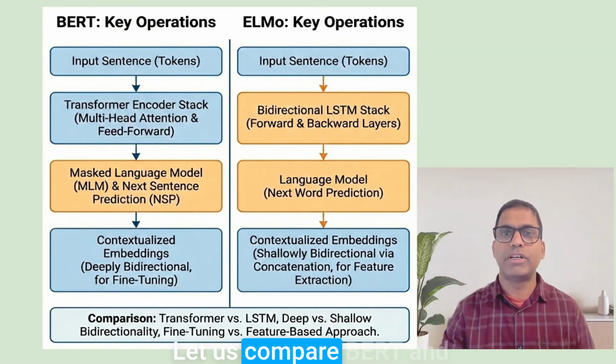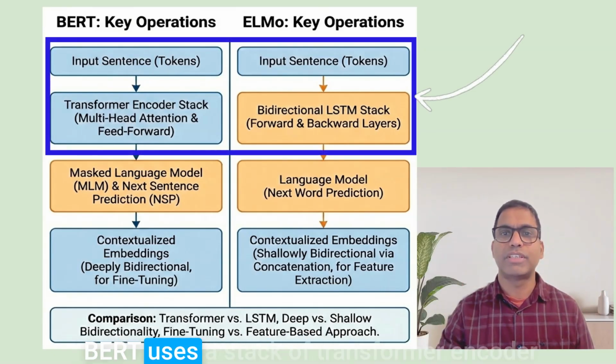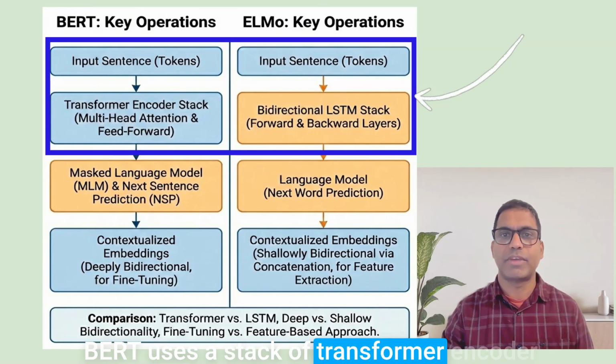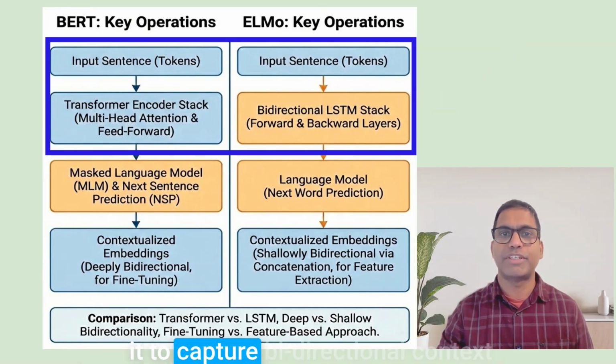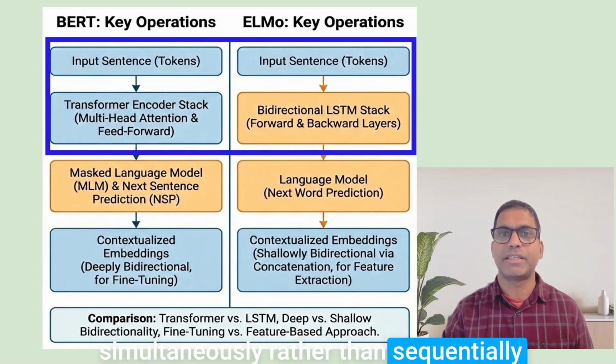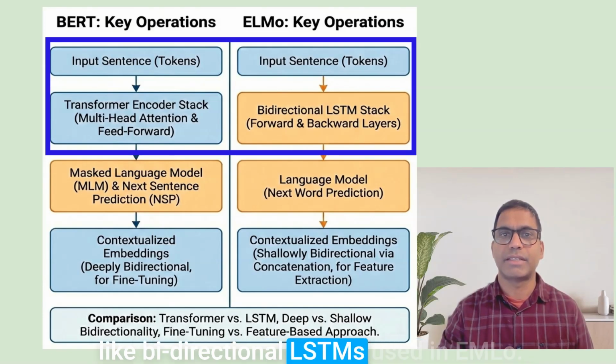Let us compare BERT and ELMO models' key operations. BERT uses a stack of transformer encoder layers with self-attention, allowing it to capture bidirectional context simultaneously rather than sequentially like the bidirectional LSTMs used in ELMO.